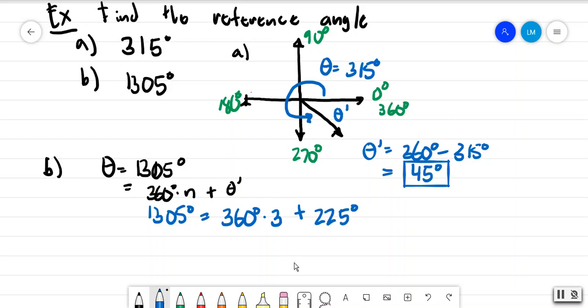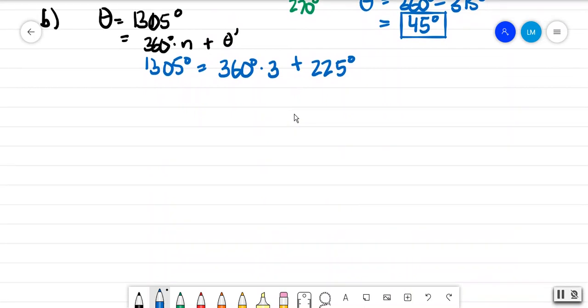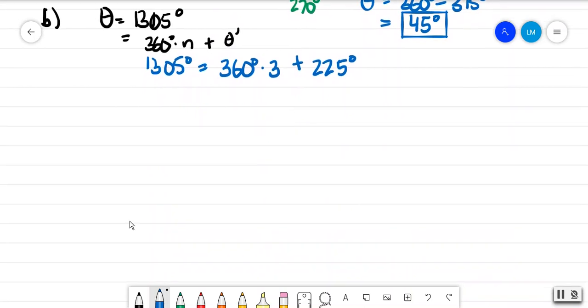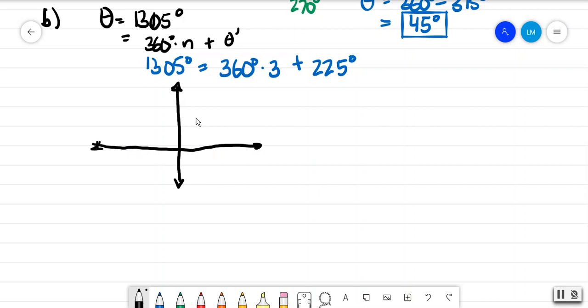So this is telling me that the coterminal angle is 225. It's more or less the same thing: you figure out the coterminal angle, then you figure out the reference angle. Sometimes the reference angle and the coterminal angle are the same, but that's only when it lands in the fourth quadrant.